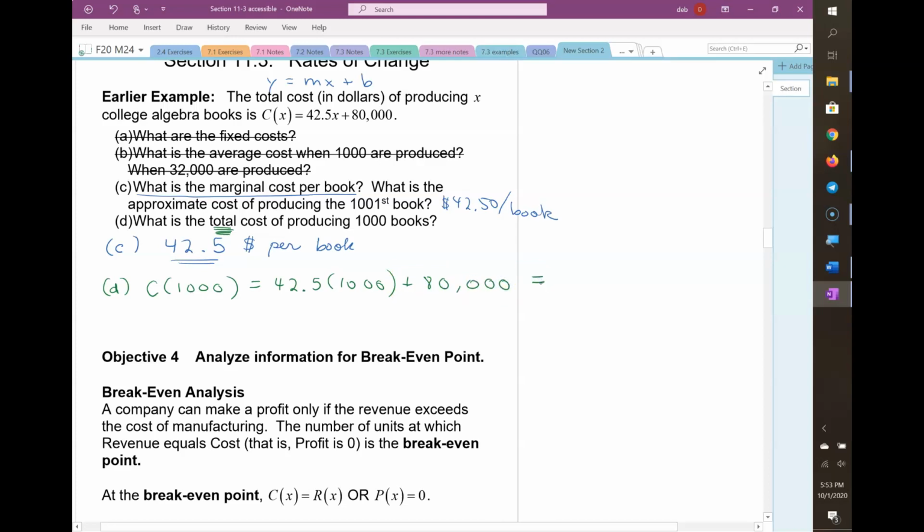Use your function notation and write C of 1,000 to start. In general, tell me what you're going to do and then do it. So that's going to be 122,500. That's the total cost for making 1,000 books.